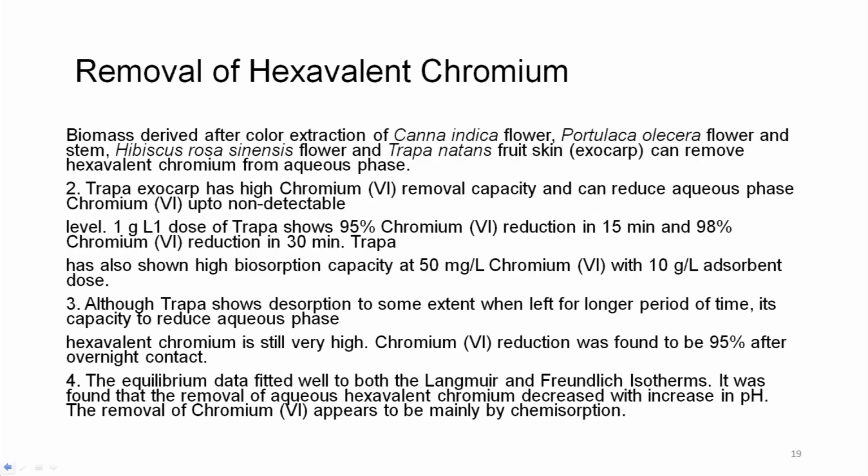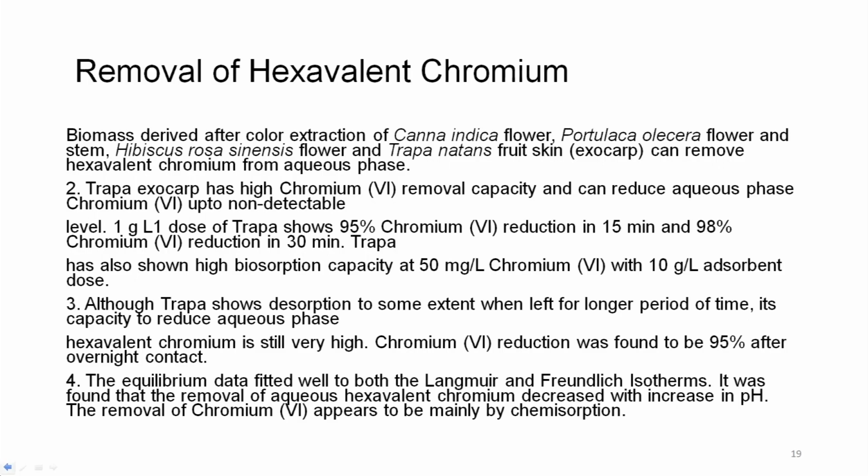Trapa natans has high chromium removal capacity and can reduce aqueous phase chromium 6 up to non-detectable level. So, it has that much capacity to adsorb the chromium 6 onto it.